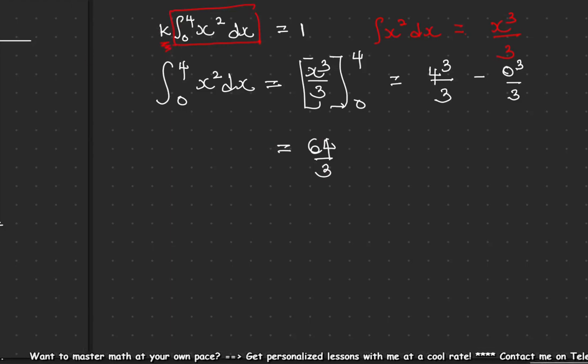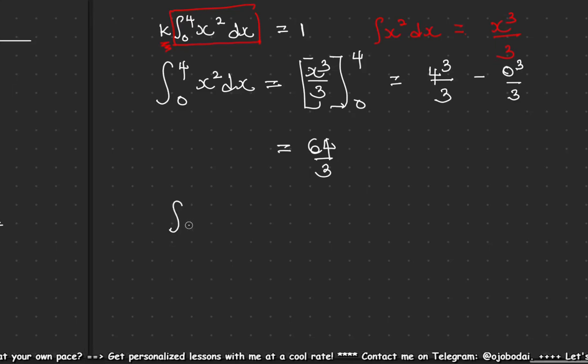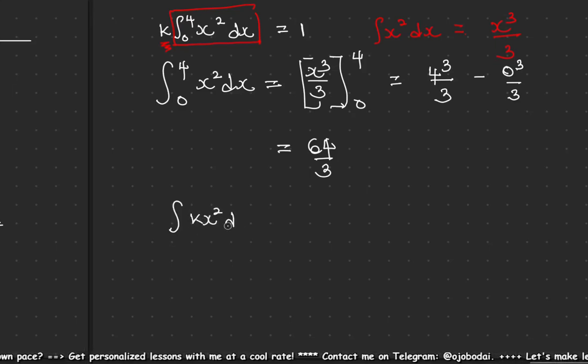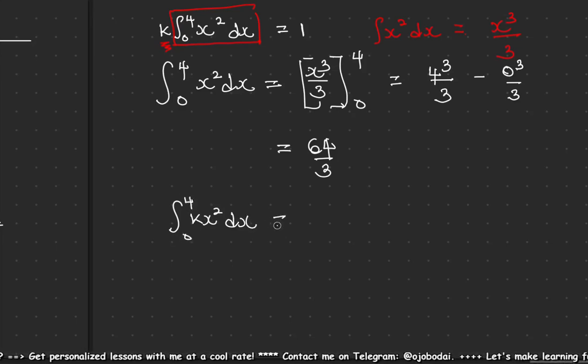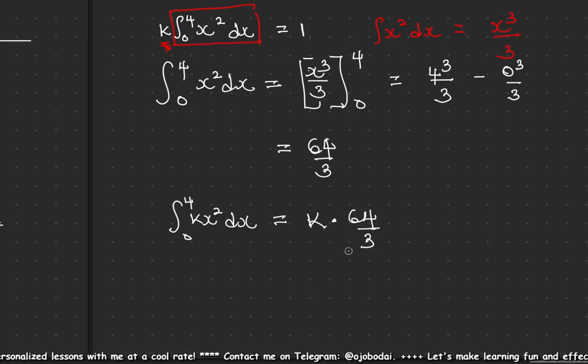So coming back to what we have over there, we have k times this that we have evaluated, right? So in actual sense, our integral, which was initially k x squared dx with our limits here, is actually equal to k times 64 over 3.